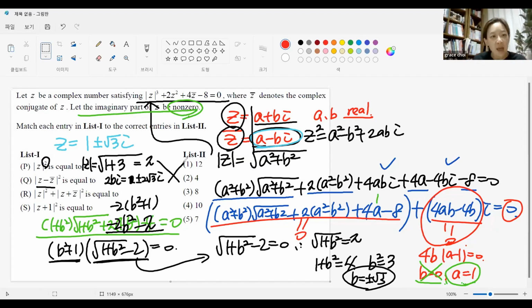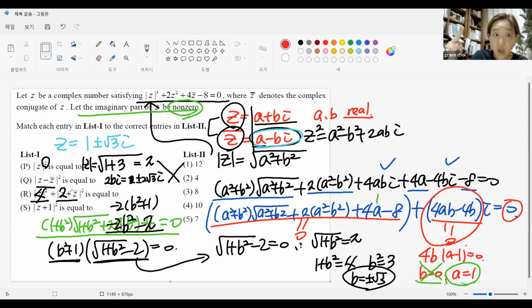Very good. And then what's next? Okay, modulus of Z squared plus the sum of Z and the conjugate of Z. We have the modulus of Z squared, which is 4. This part is just 4, and then the sum. Z and the conjugate of Z, a sum. Just 2a, but we have a, right?